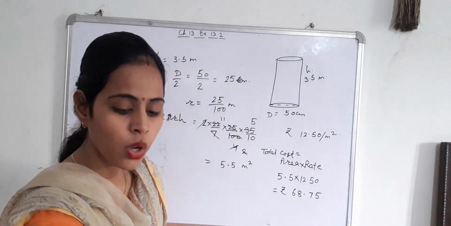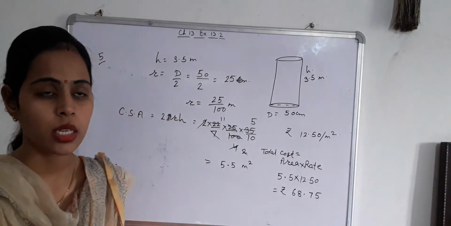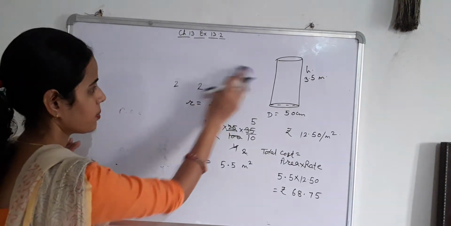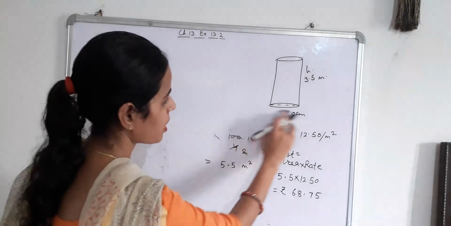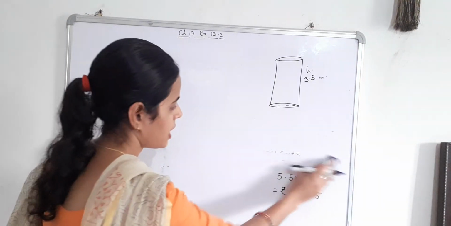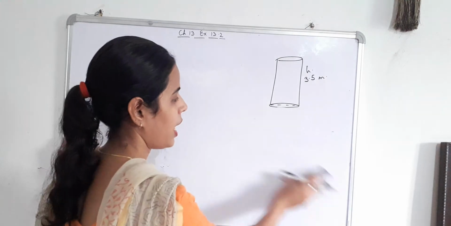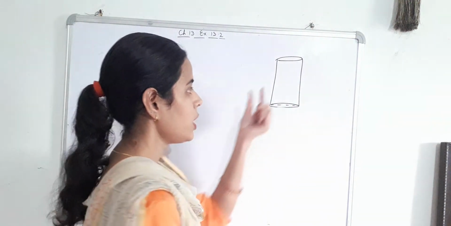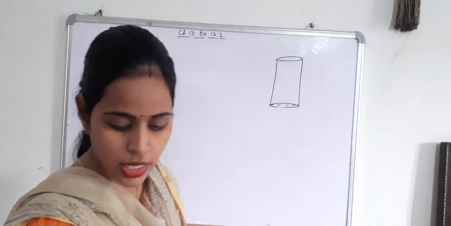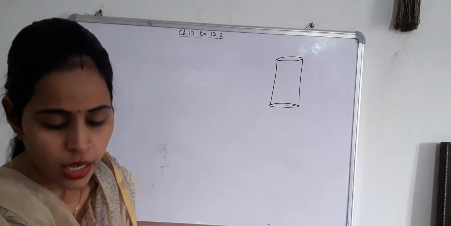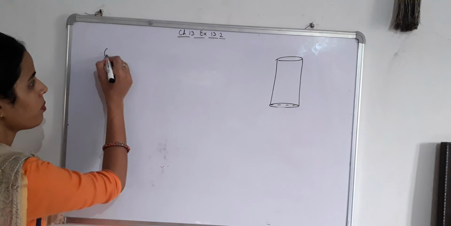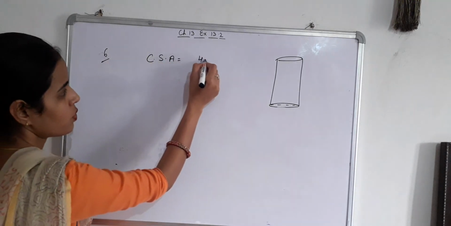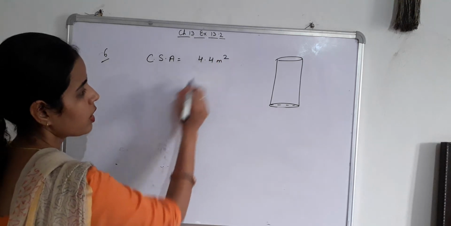Now we are going to question number 6. Question number 6 is the same as question number 1. In question number 6, covered surface area is given and radius is given. You have to find out the height of the cylinder. Covered surface area of cylinder equals 4.4 meter square.